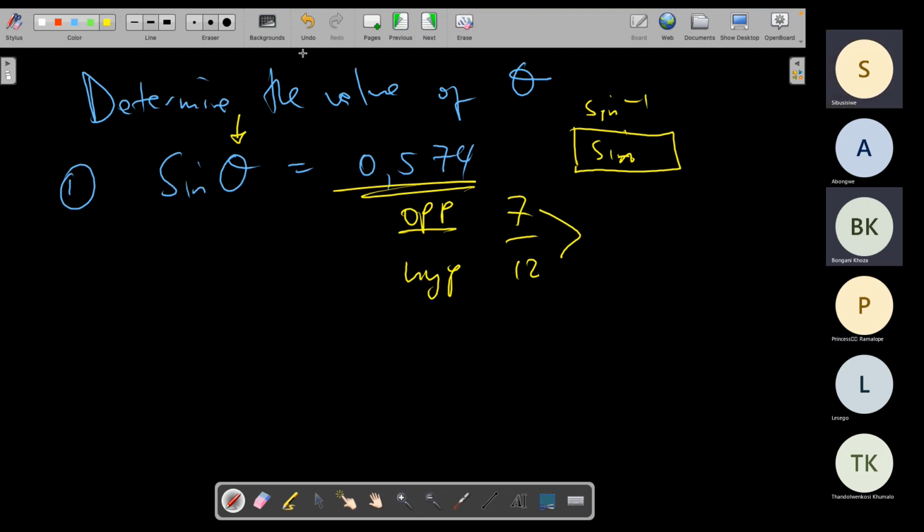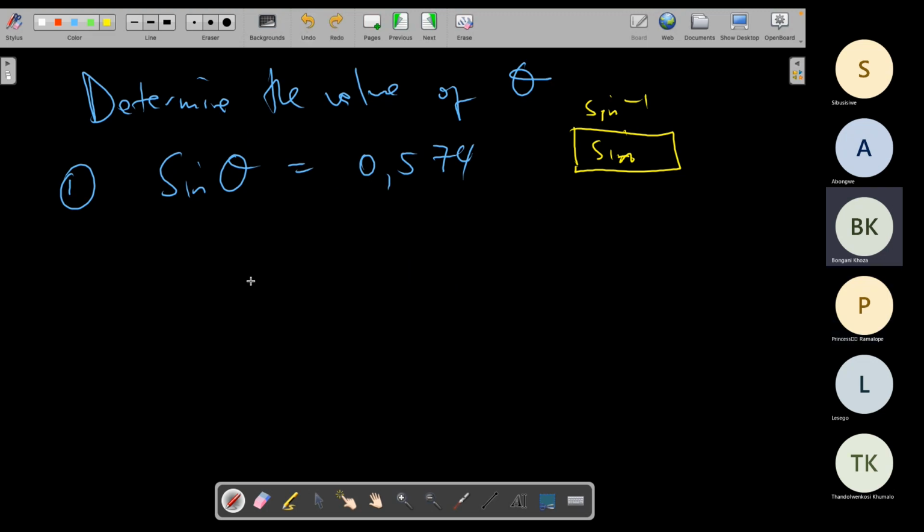So in order to solve for theta, if you were solving for x, and you were given something like 3x equals 2, to get rid of 3 you just divide by 3 on both sides. Now, we cannot divide by sine.